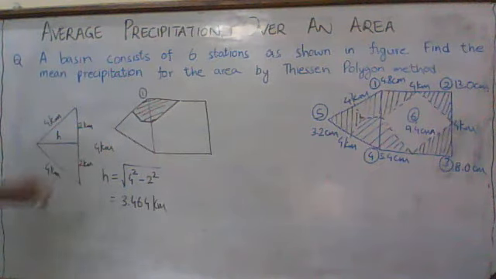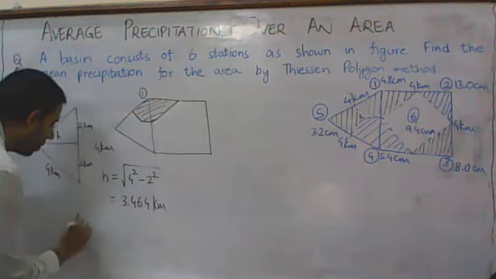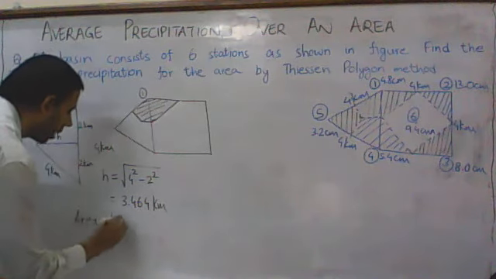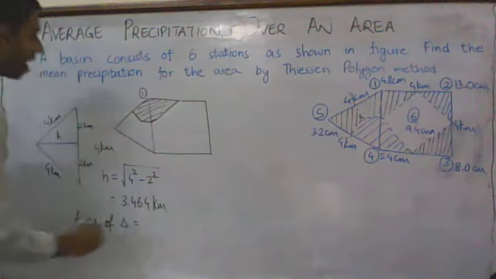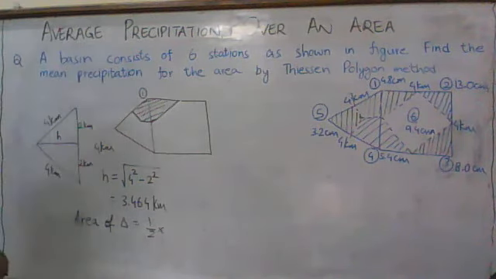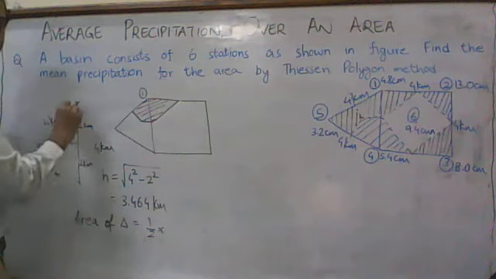Now, why did we find h? To calculate the area of this triangle. So, area of triangle will be half base into height. What is the value of base? Base is 4 kilometer.